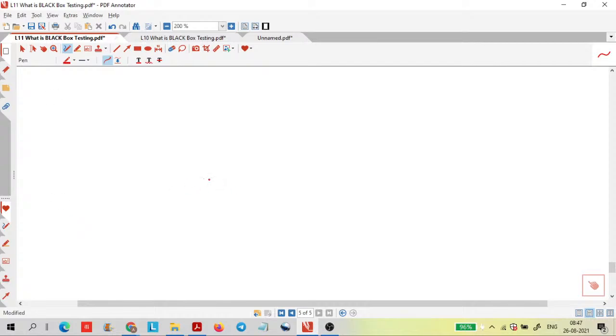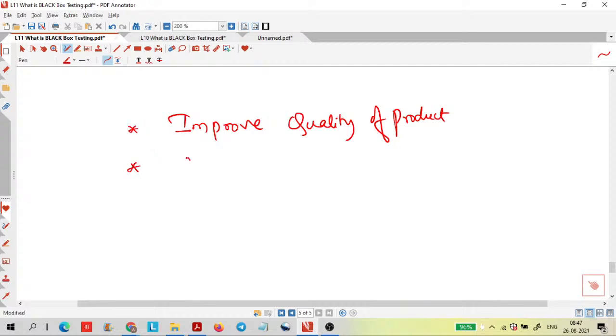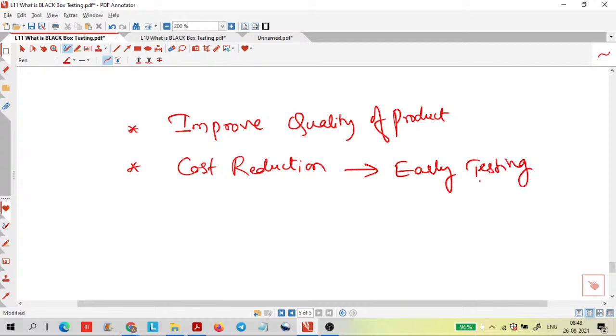Okay, so the main aim is to improve the quality of the product. We go for different testing techniques. Then cost reduction. Cost reduction means you need to go for early phase testing.